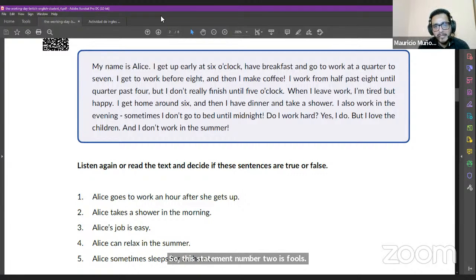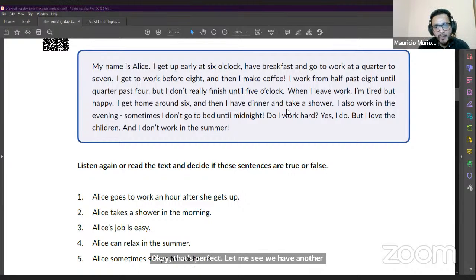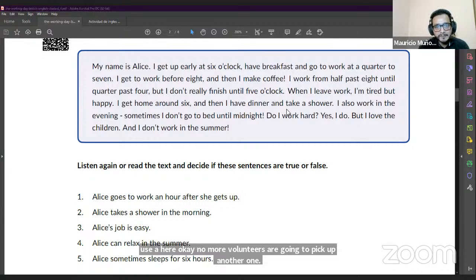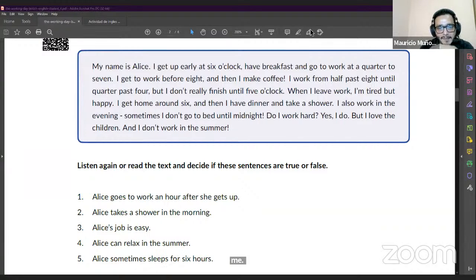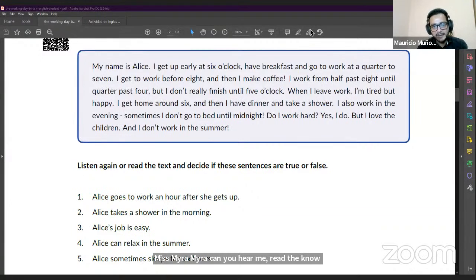Let me see. Do we have other volunteers in here? Okay, no more volunteers. You're going to pick up another one. Okay. Mayra Mora, good morning. Please read the number 3 for me. Miss Mayra Mora, can you hear me? Read the number 3 for me.